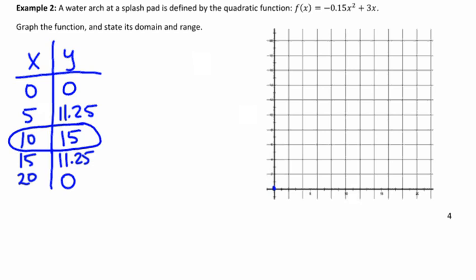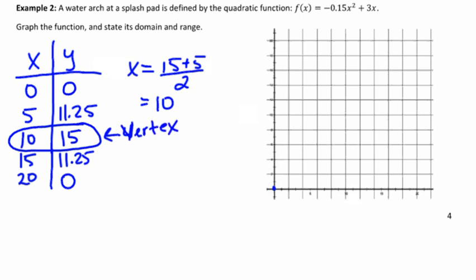But if you're ever not sure, our x value, 15 plus 5 divided by 2 is 20 divided by 2, which is 10. And normally we'd take that 10, plug it into our equation, but we already have that value in our table of values, so we know that our vertex is 10 and 15. So 10 and 15 on our graph.